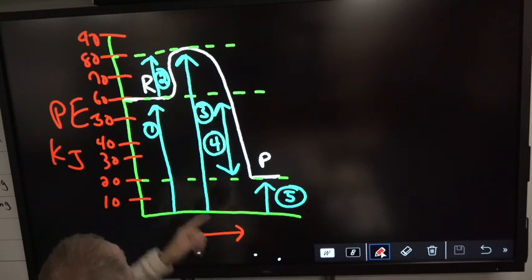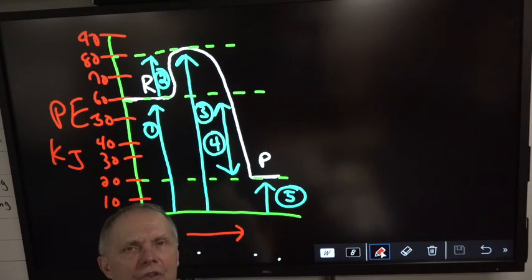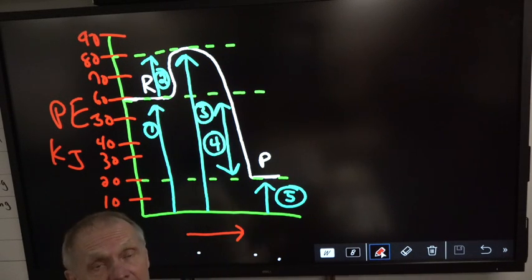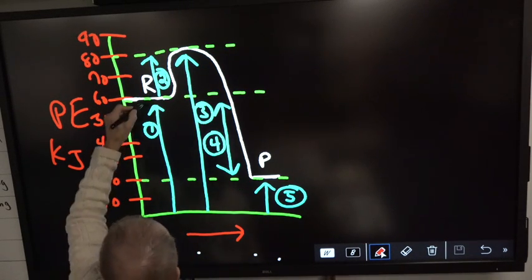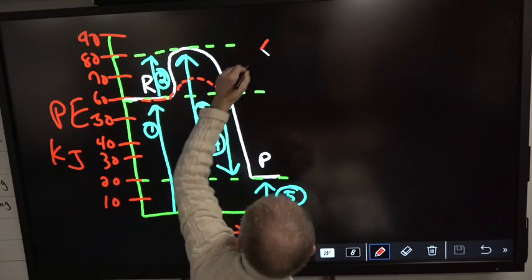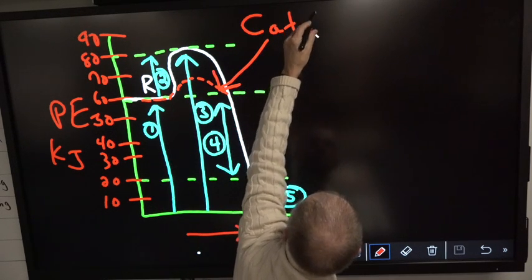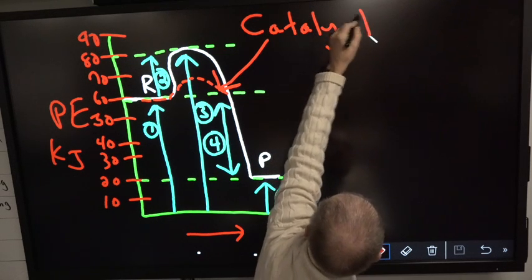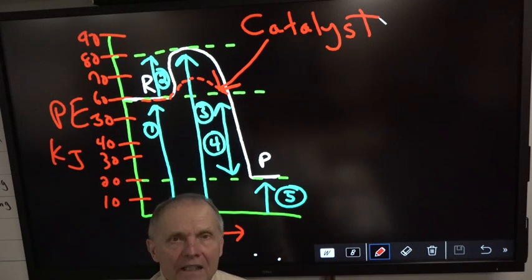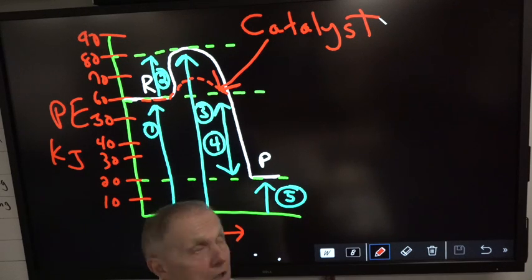Well, it took 20 kilojoules of activation energy to break the old bonds. If I put a catalyst in there, that would knock down the activation energy, so it would look like this. That's what a catalyst does. Now, a catalyst lowers the activation energy so the reaction goes faster.